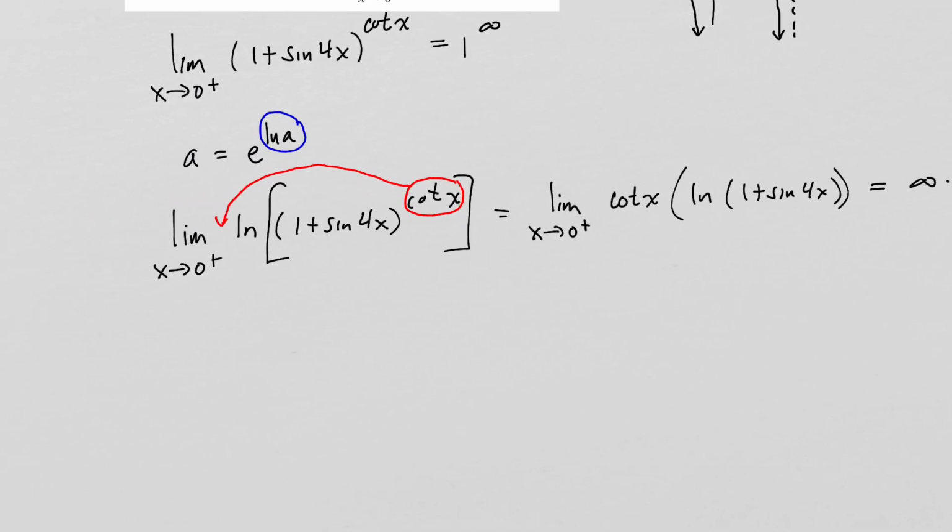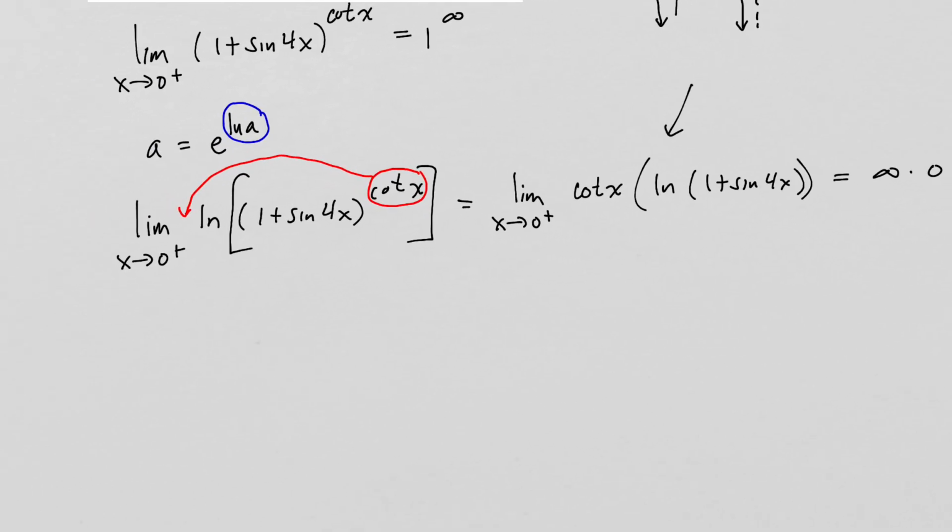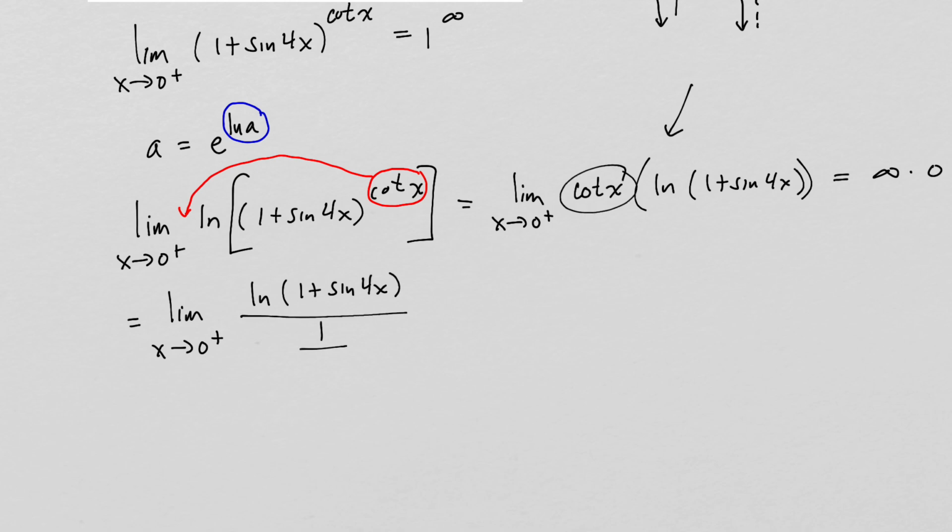So now I can rewrite this limit as the limit as x goes to 0 from the right of the natural log of 1 plus the sine of 4x divided by the reciprocal of cotangent, right? Remember, that's what we did earlier with this type of indeterminate.